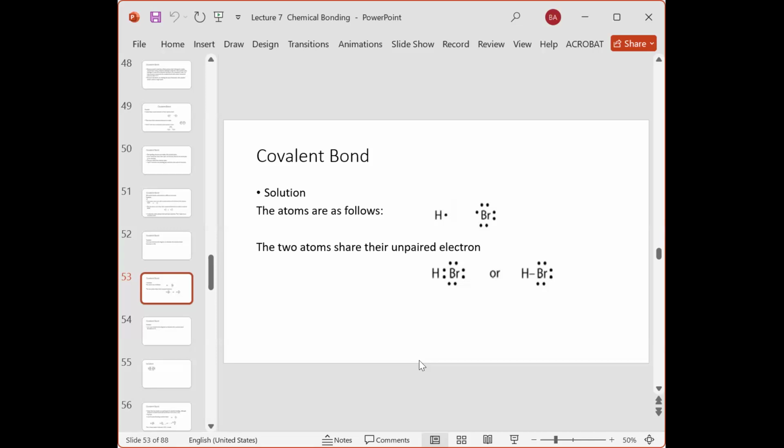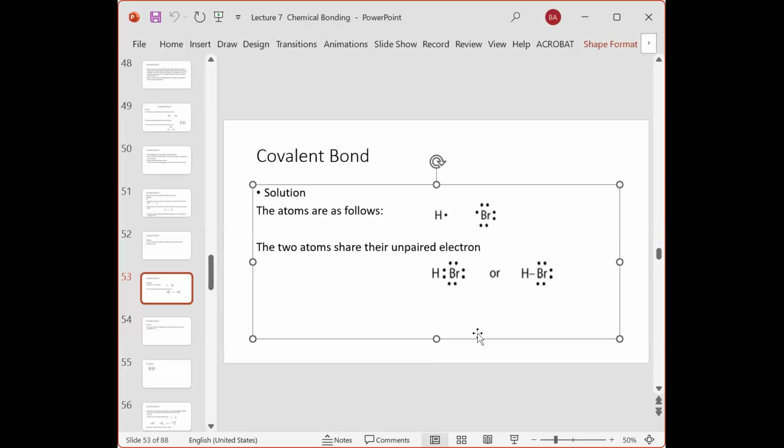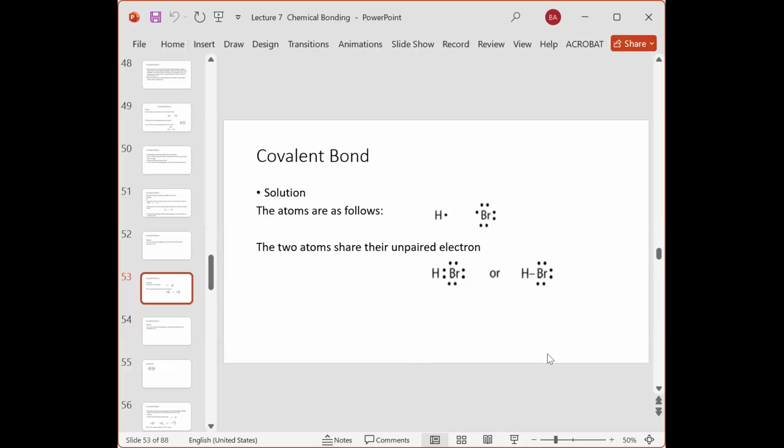And hydrogen also wants to have 2 electrons on its atomic shell. So how do we do it? The bromine comes, hydrogen comes, they bond together. Then the last half pair of the bromine bonds with the 1 here, and you get hydrogen with 2 electrons and bromine with 8 electrons. Is there any question? All right, let's keep on going.